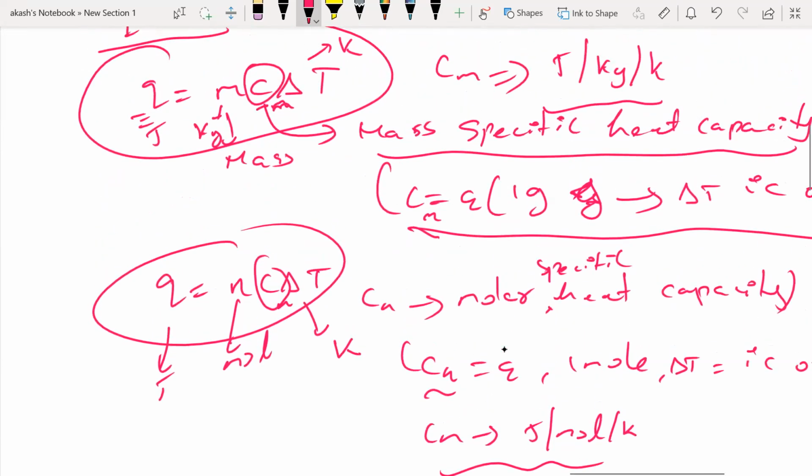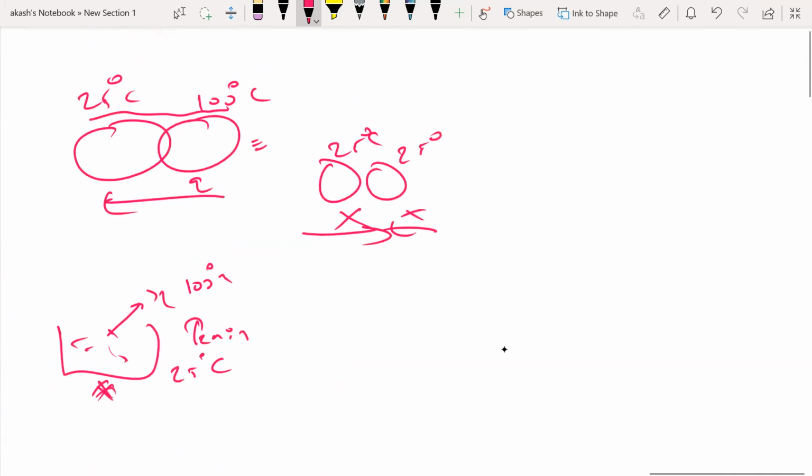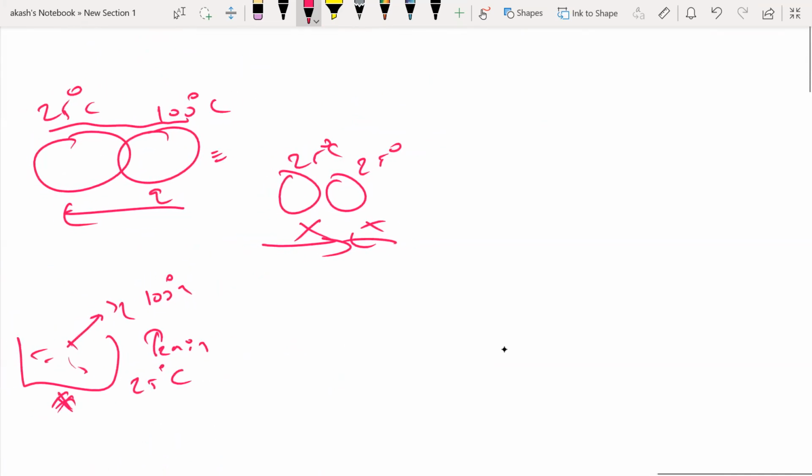Now moving on, as I told you, depending on at what conditions you do the measurements, you can have two different heat capacities. This C, either Cn or Cm, doesn't matter, whether it is in terms of mass or number of moles, can be of two types.